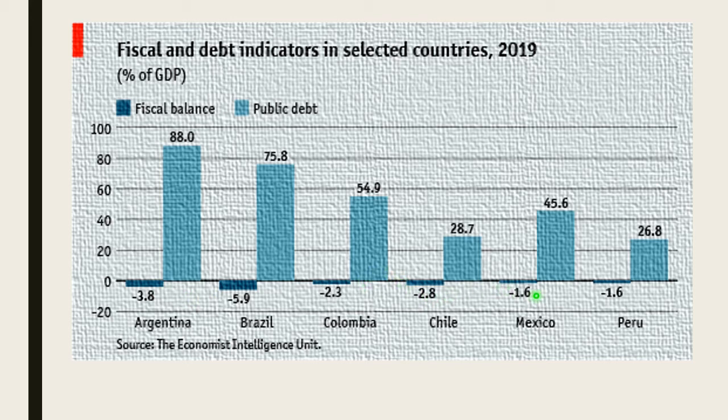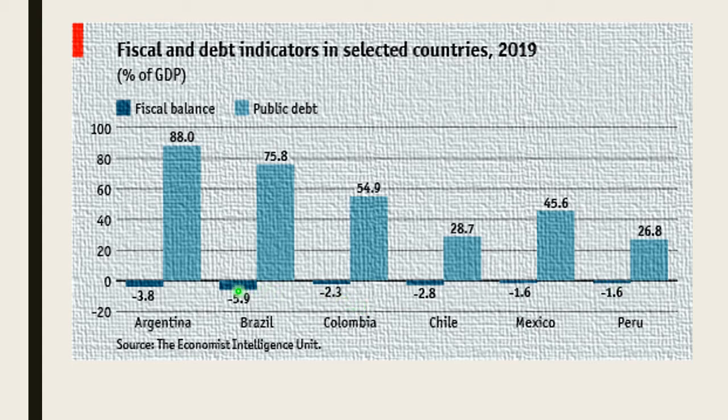In Argentina, compared to the other countries, Argentina has 88.0% of public debt and minus 3.8% of fiscal balance.